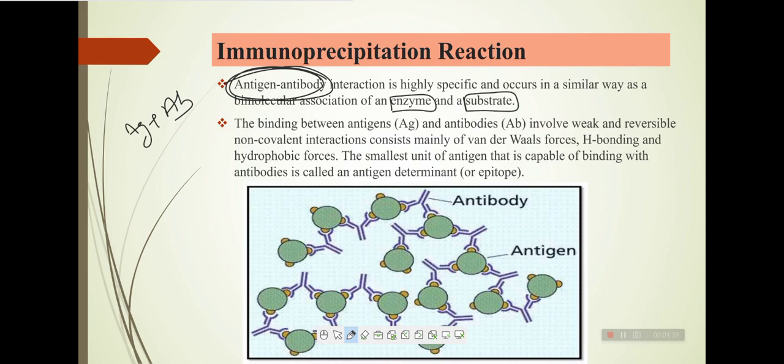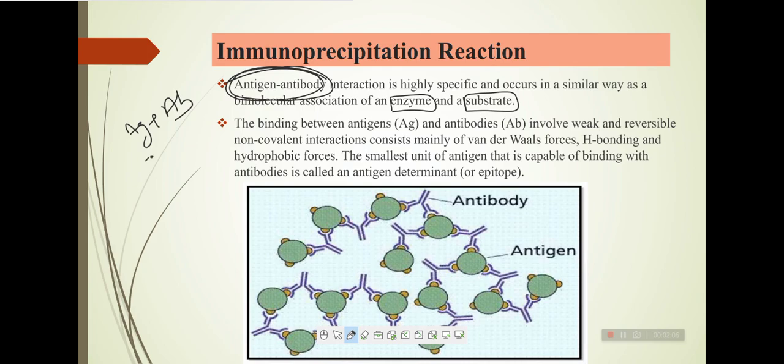How an enzyme reacts with a substrate, how it activates the normal reaction, and how it decreases the activation energy or time. So similarly it is like enzyme and substrate association.